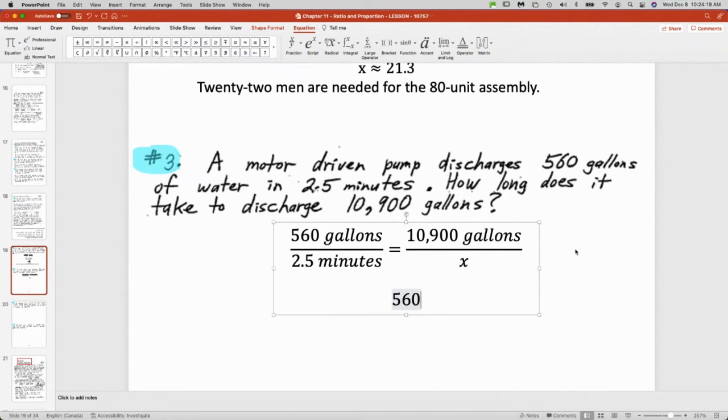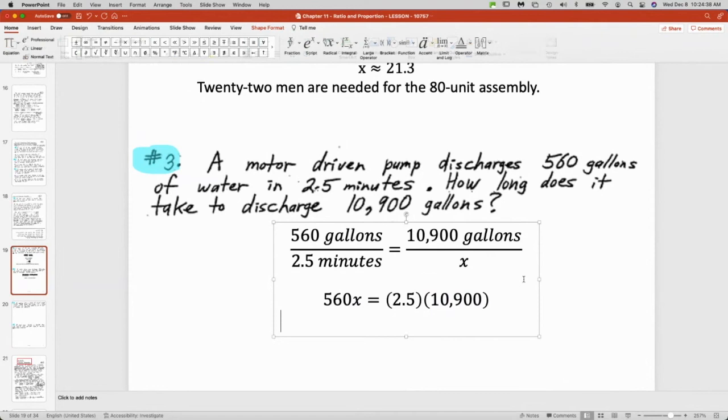We'll have here by cross multiplication, 560x is 2.5 times 10,900. So 10,900 times 2.5 is a pretty big number.